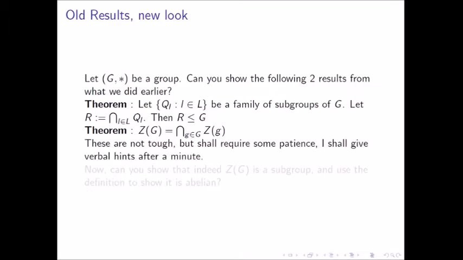These are not tough but shall require some patience and a good understanding, and I shall give a verbal hint after a minute. You can pause the video and try it out. I am giving the hint.